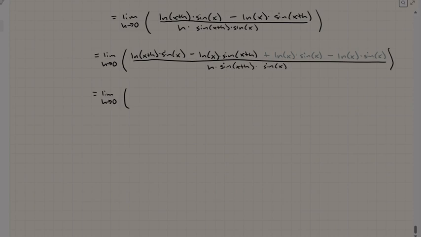And also, as it turns out, when we introduce this, it creates a way that we can factor out sine of x to then get ln(x plus h) minus ln of x. Right, so this is the first and the fourth term coming together, factoring out the sine of x.